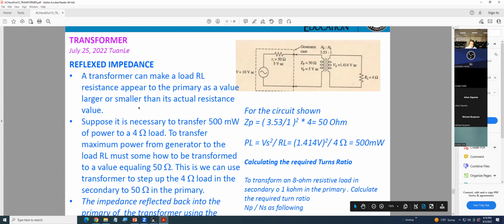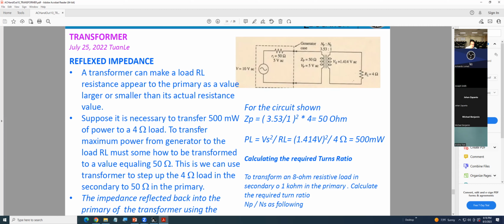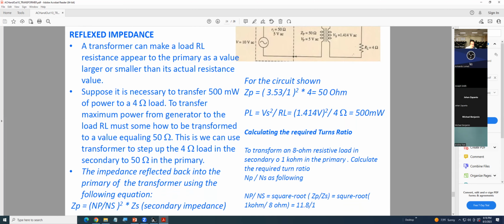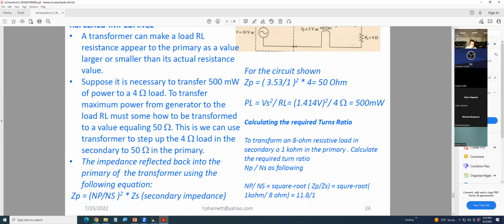That's what they want, they try to bring it up. That one, same thing, 50 ohms. That way you can make the impedance matching. The impedance reflects back into the primary of the transformer using the following equation.